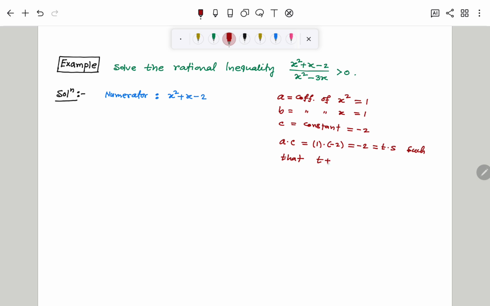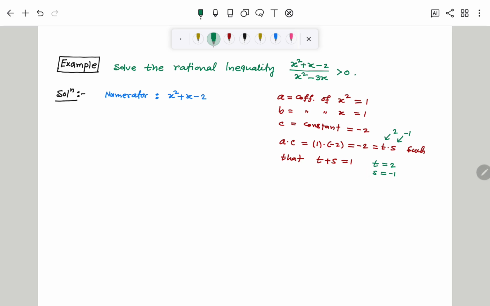So S + T will be 1. Clearly, if we take T = 2 and S = −1, it works. The product of T and S is −2, and if we add them, we get 1. That is exactly the coefficient B.